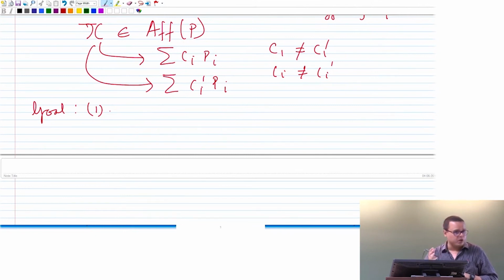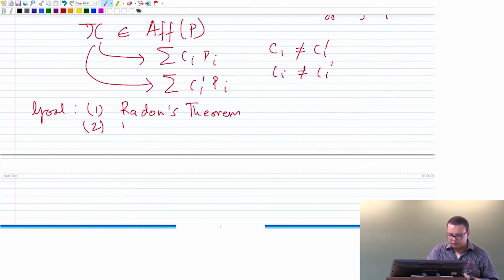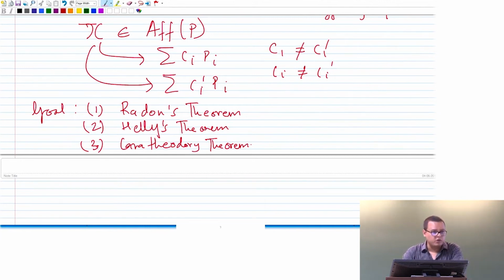Deep theorems in convex geometry also use these simple results that we will be proving today. One is Radon's theorem, all of them named after different people. Helly's theorem, and then another one is Carathéodory's theorem. There are some accents over the letters which I do not remember. These are the three things I want to cover.